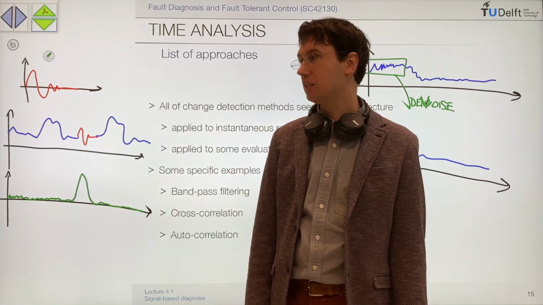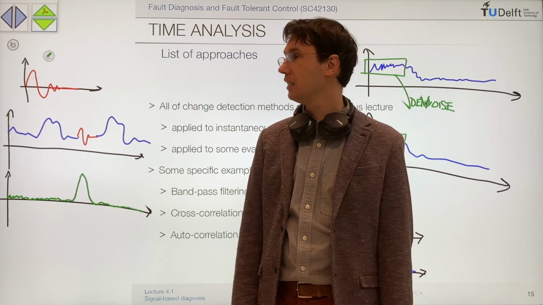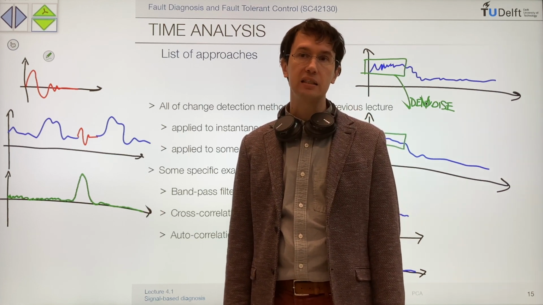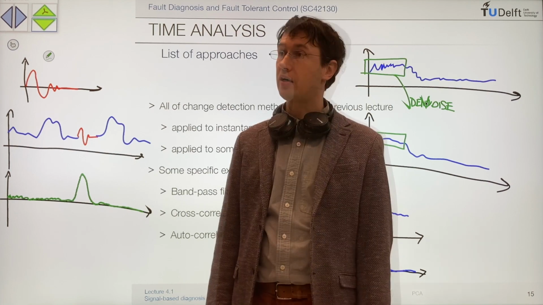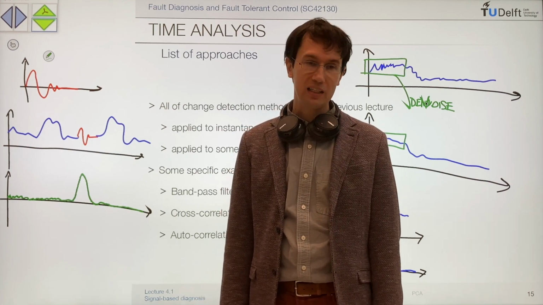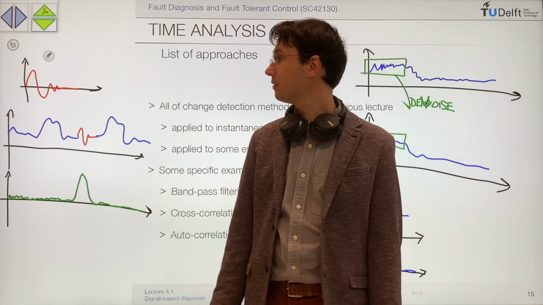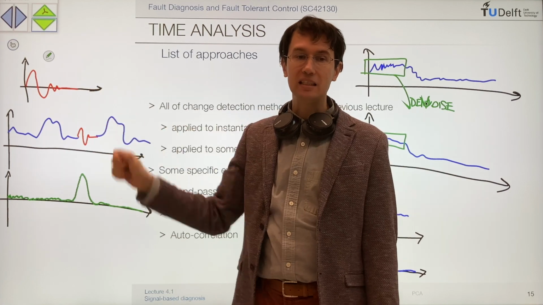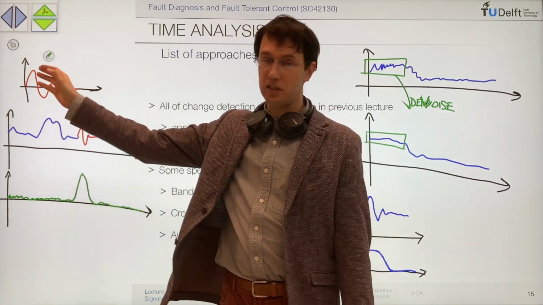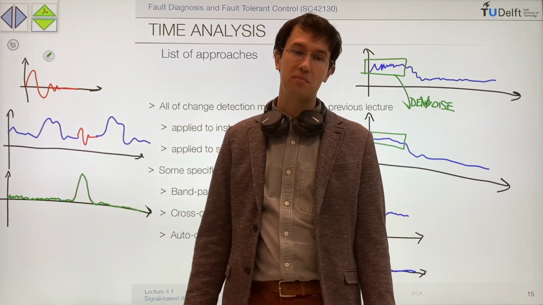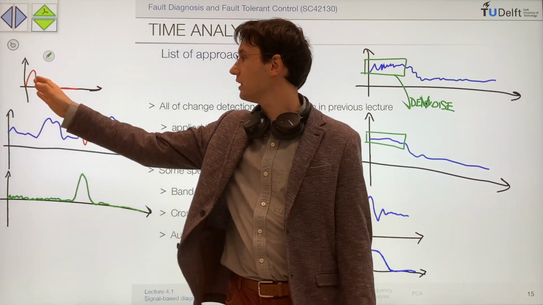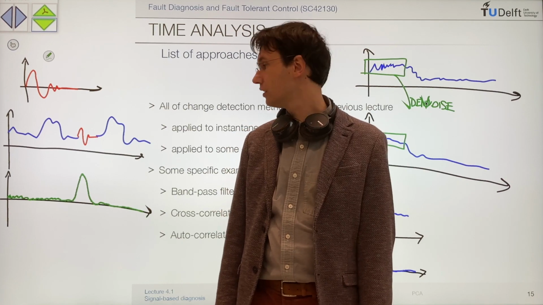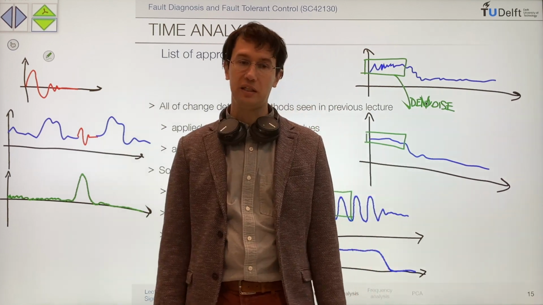This is an approach that is used a lot in signal-based diagnosis, for instance for vibration or noise analysis in engines or other machines, where it would be really difficult to come up with a mathematical model of the dynamics leading to this fault, but it is really easy to get a recording of the fault. And when the fault is present, it is always presenting in the same way. So it is just a matter of pattern recognition, and cross-correlation is actually doing that.